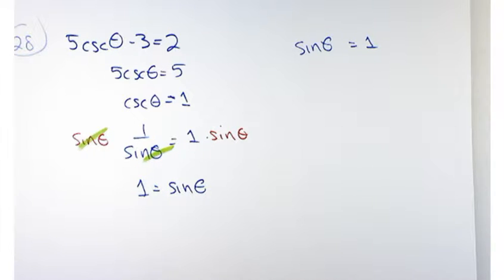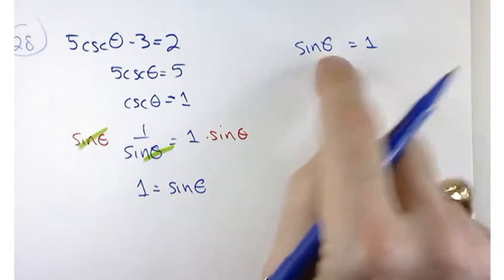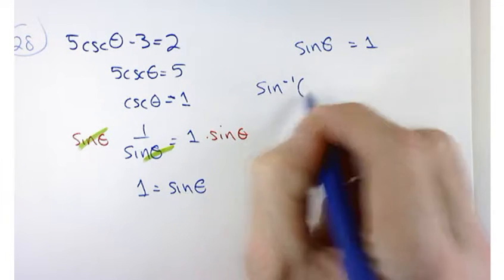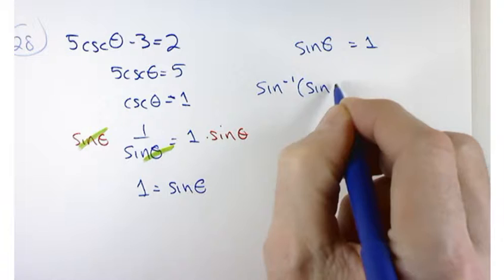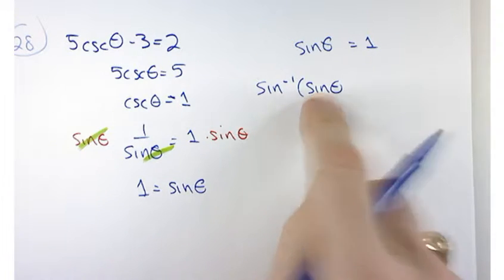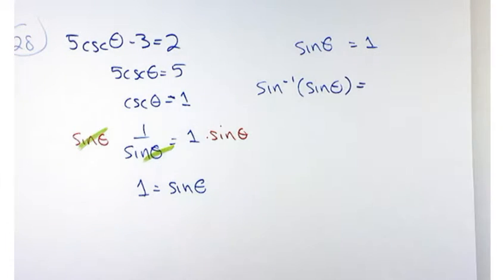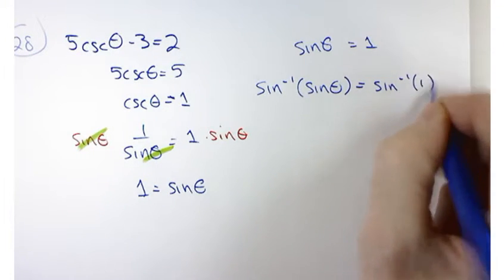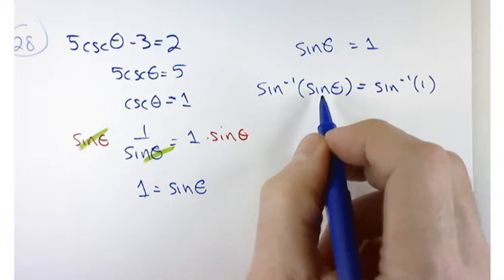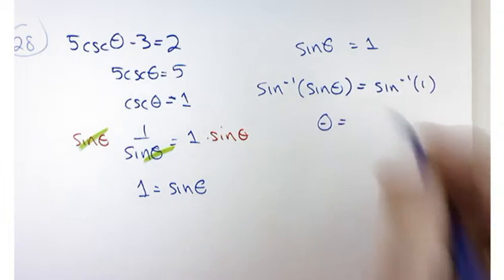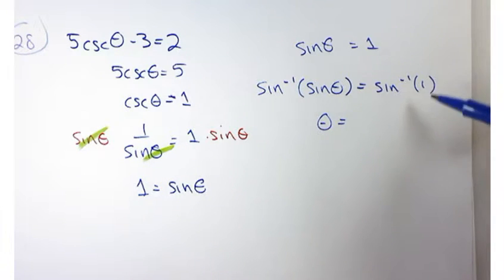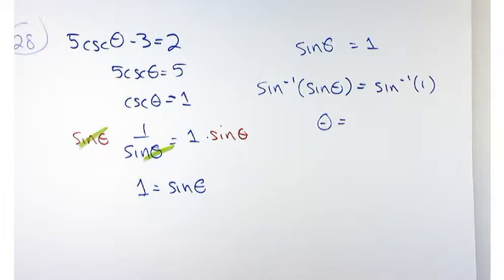To get theta by itself, you're going to use the inverse sine, because the inverse sine and the sine are inverse functions of each other, and they're going to cancel each other out. So sine inverse of sine of theta is just theta. And over here, we're left with the sine inverse of 1.